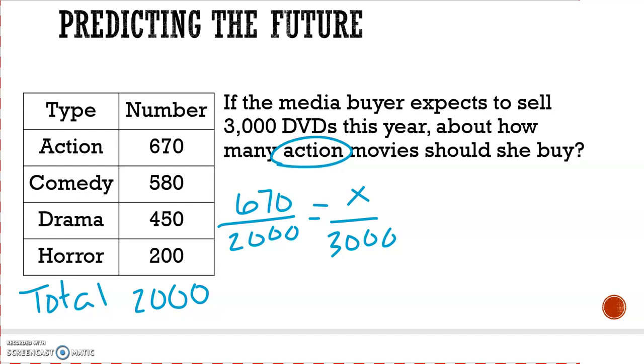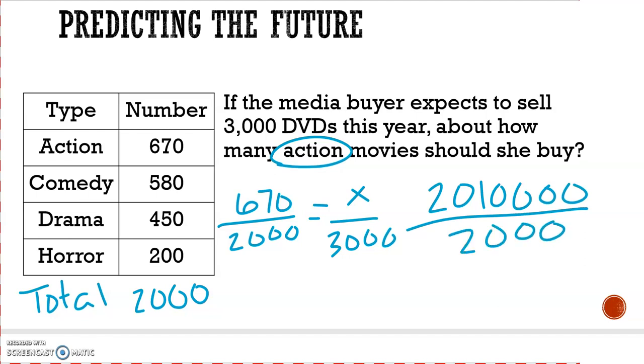So when we multiply 670 times 3,000, that gives us 2,010,000. We're going to divide this by 2,000. So cross off those zeros. So really you're just typing in 2010 divided by 2, and that gives us 1,005 DVDs.